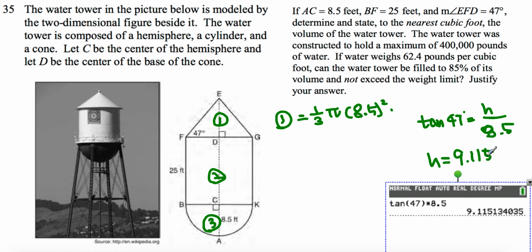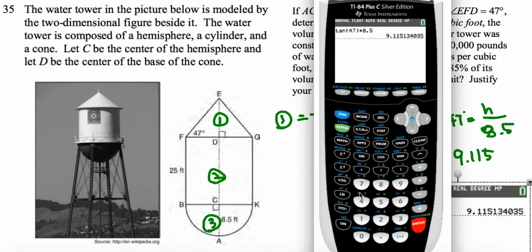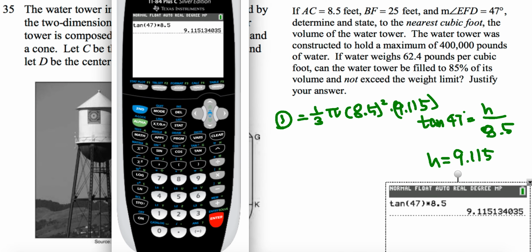So then I'm going to multiply that, 9.115, by this entire expression. Then I'll be getting 1 divided by 3, multiplied by pi, multiplied by 8.5 squared, and multiplied by the answer that's given.